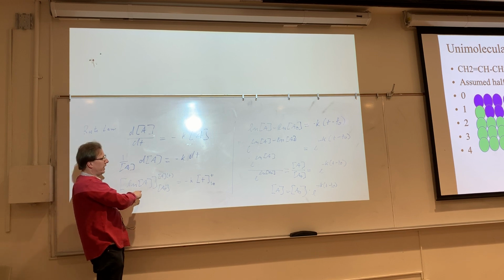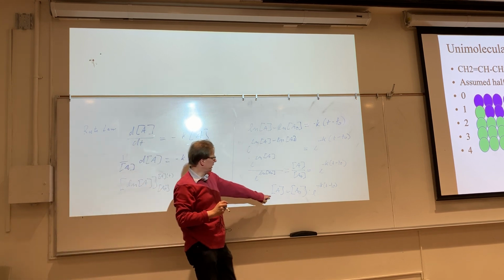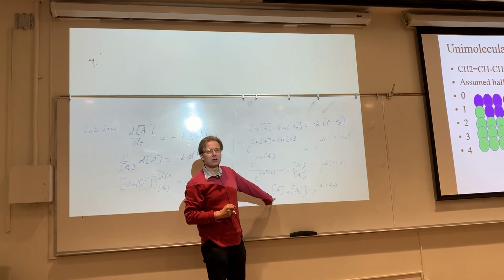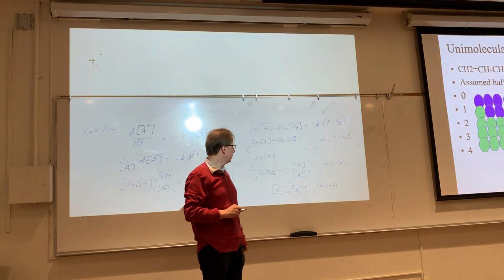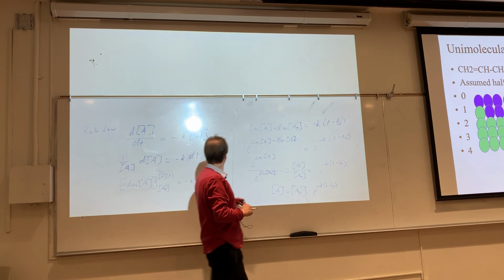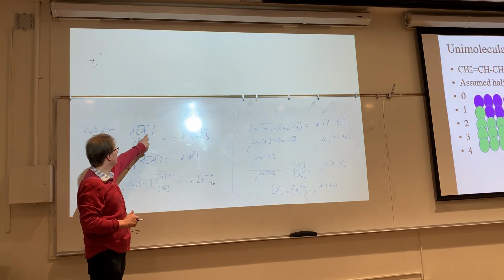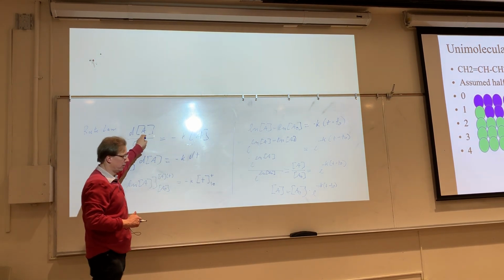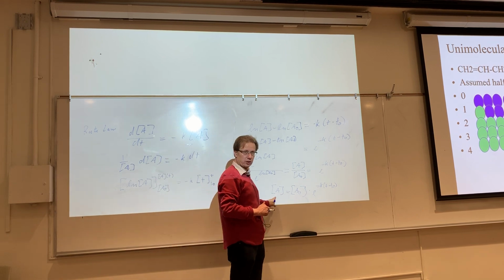And we integrated that, and we then got an integrated rate law over here, which shows the concentration of A as a function of time. This one here was a function about the change of the concentration. This is a function about the concentration.